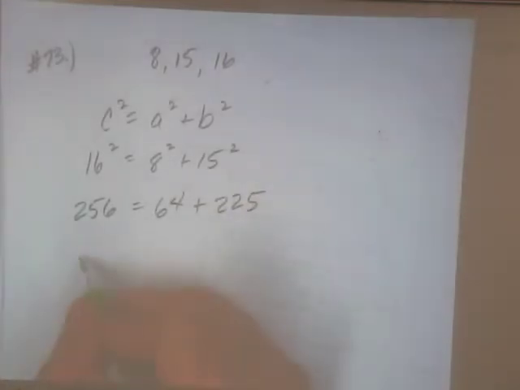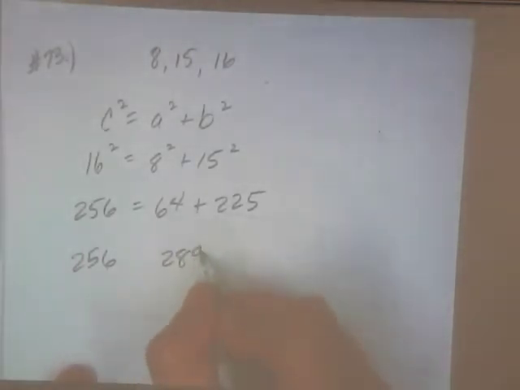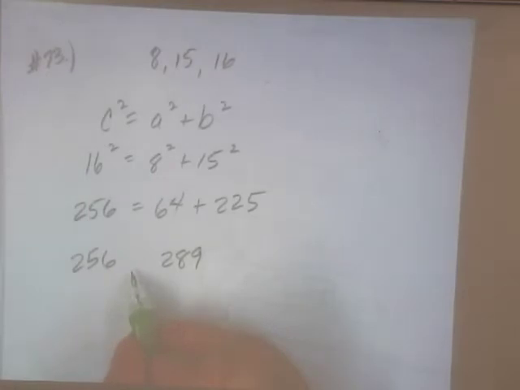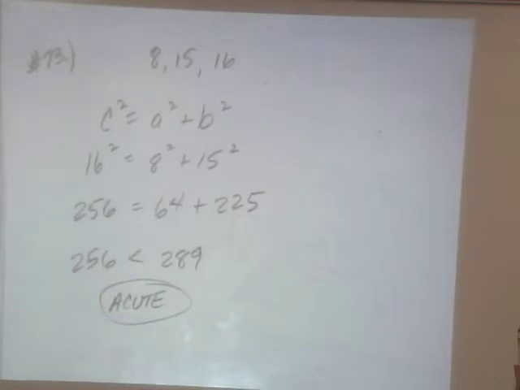Yes. So 256 on the left and 289 on the right. What sign goes here? Less than. So it's acute. Okay? Does that make sense?